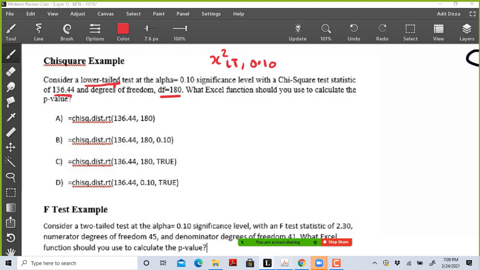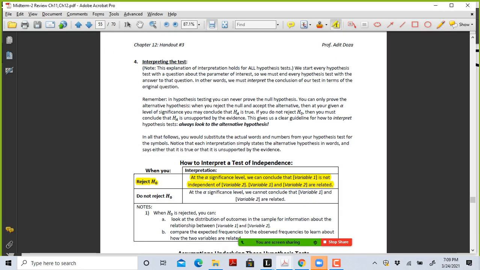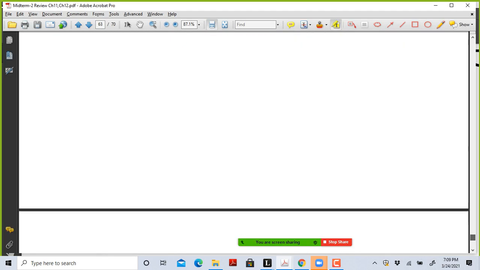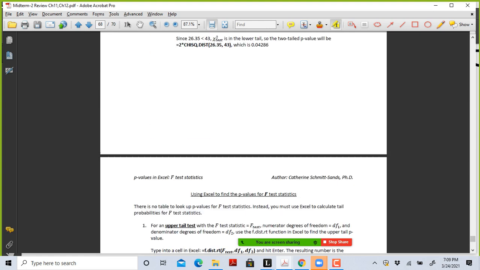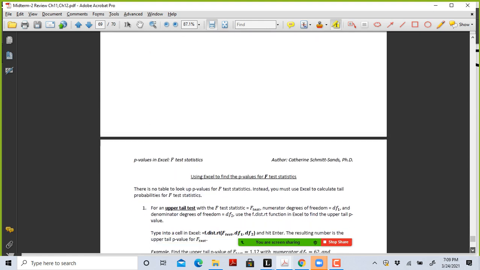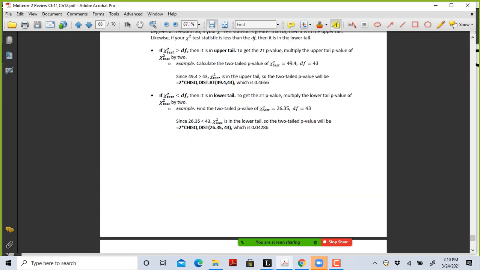Let's look at the formula sheet. Which one? Let's look at the formula sheet, all right? So for the chi-square, if it's a lower tail test, no, this is the F statistic.